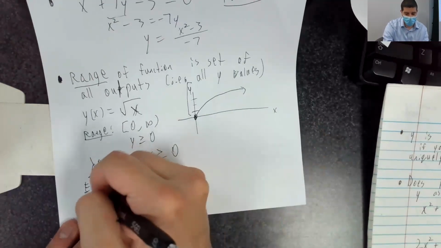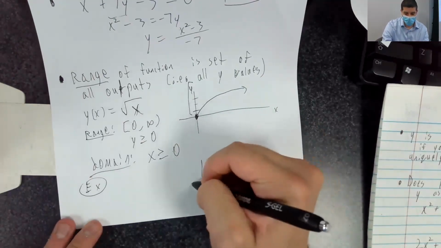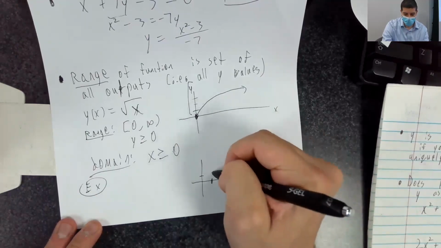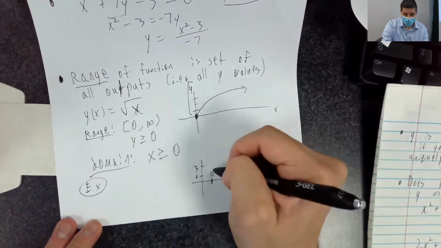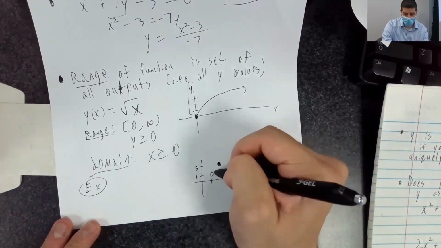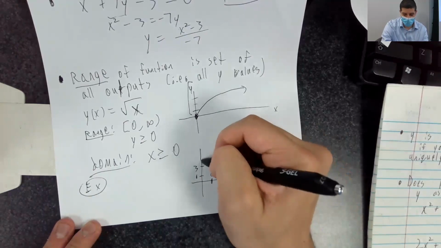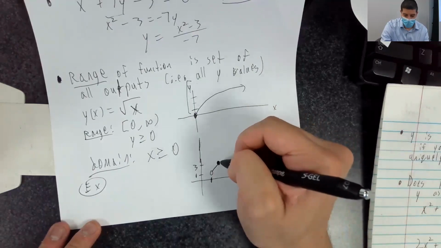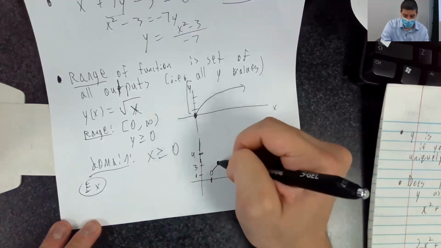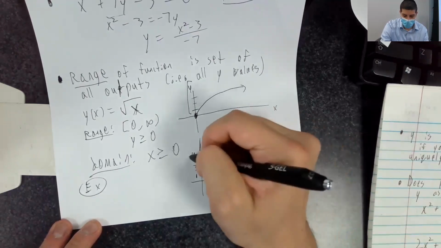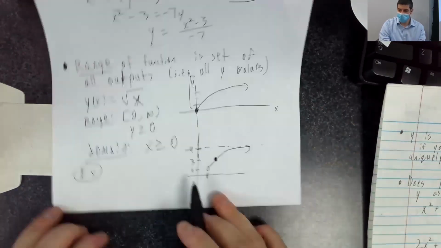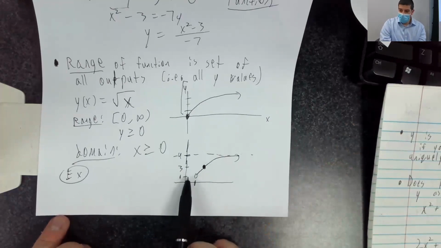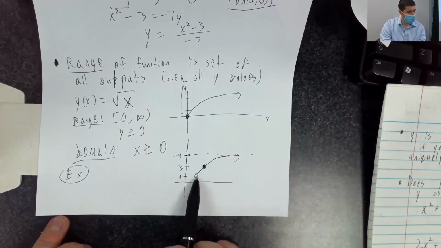Here's another little example, just so you see the difference. I could have a function that looks kind of funny like this. For the range, again, the y values: this is an open circle, which means it's not actually part of the graph. Open circle means this y value is not taken.